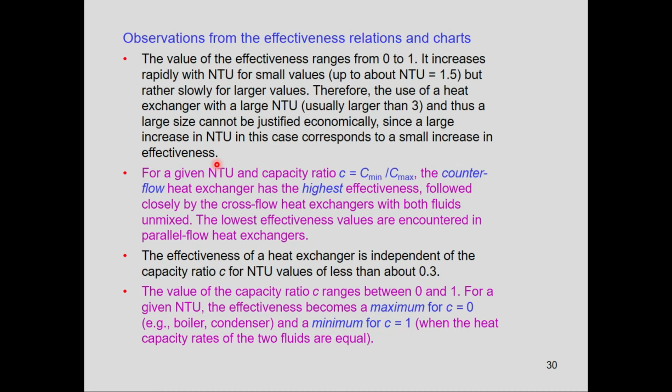Rather, we keep the size of the heat exchanger on the lower side, because NTU is related to the size of the heat exchanger when you specify the overall heat transfer coefficient and the minimum heat capacity rate. So the next is, for a given NTU value, this is the important point.